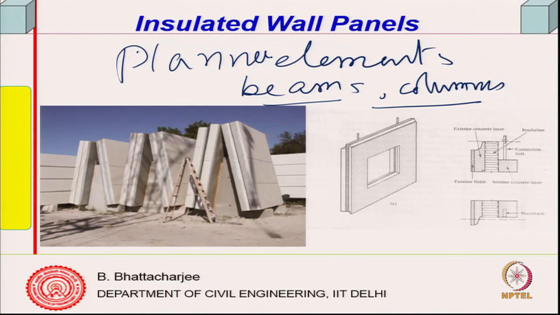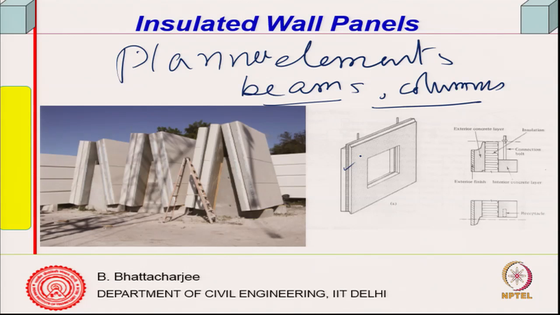Basically these are called planar elements. So, these planar elements they can combine, they can be multifunctional. So, for example, a sandwich panel will have two leaves, outer leaf and the inner leaf and an insulation material in between.